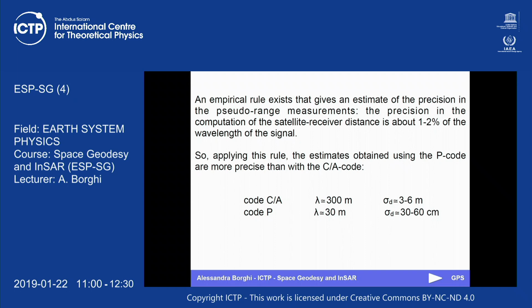At the time t0, we recorded with our receiver the fractional part of the phase, this value, and after that we count the number of integer cycles, 1, 2, and so on. So we add to this quantity the number of integer cycles.